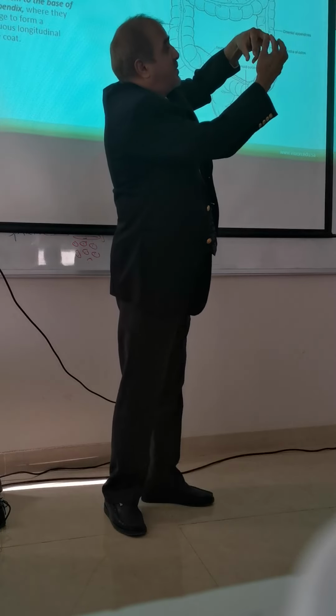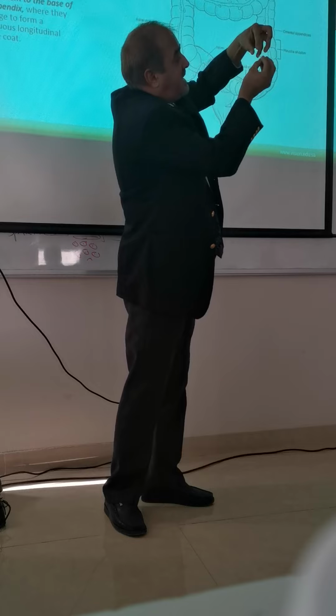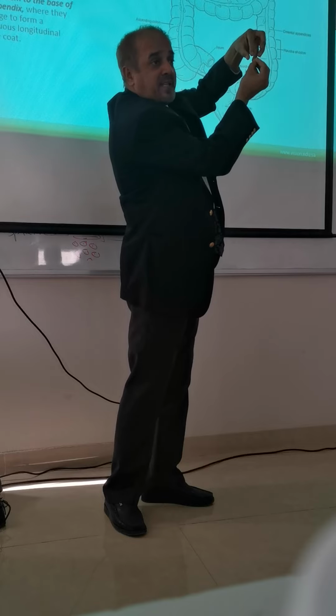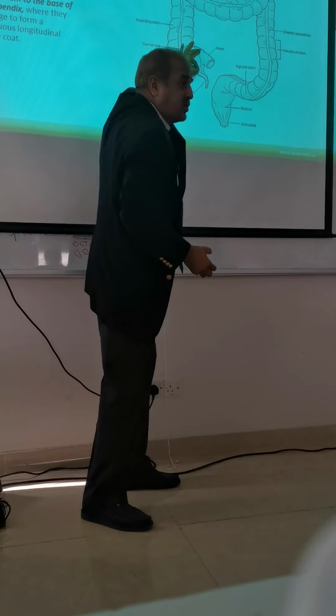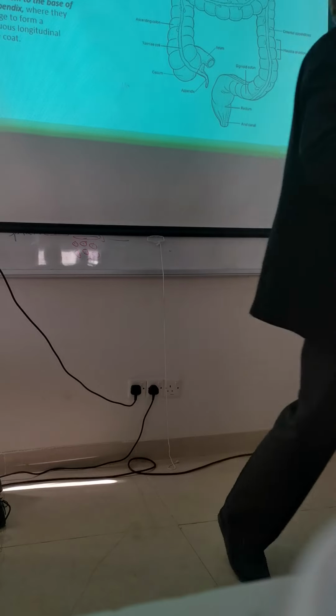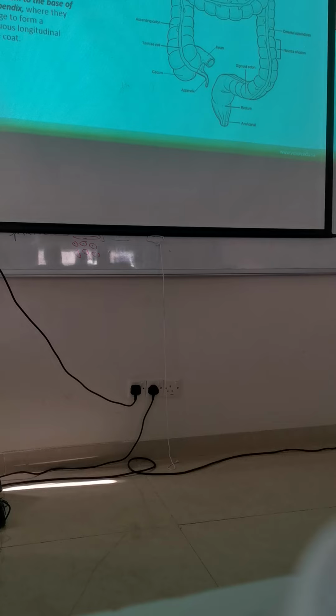From 3 sides, 1, 2, 3, they unite in one place, and this union gives rise to the appendix. So then you can say, oh okay, this is the appendix. Maybe you can see this on a cadaver. Try to see the taenia coli in a cadaver.